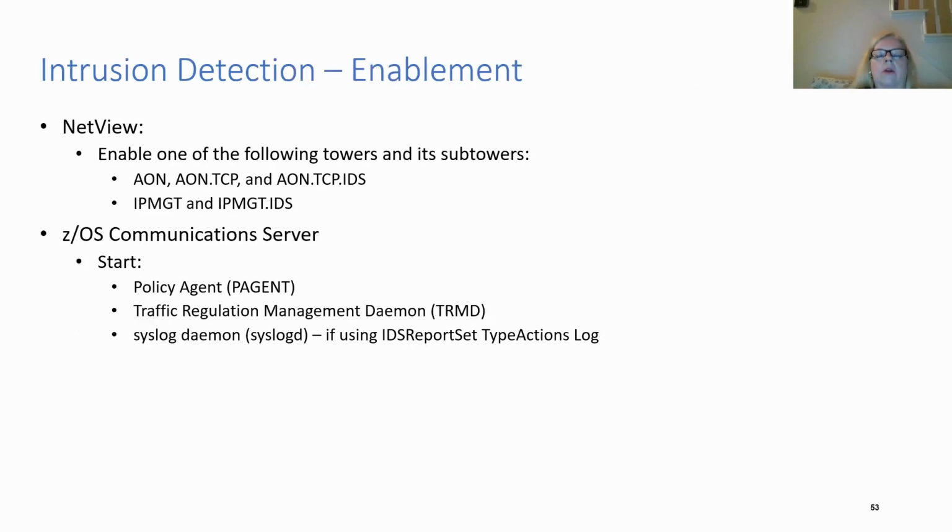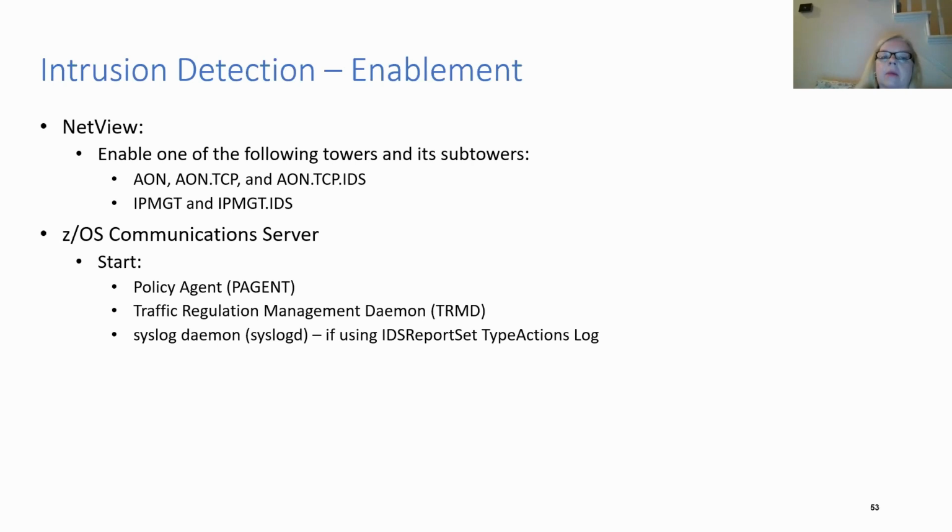Now, I wanted to talk a little bit here about enablement of intrusion detection. This is not a new function in NetView, but you do have to match up some settings between Communications Server and NetView for this. So you're going to enable one of the following towers and its subtowers: the AON and the AON.TCP and AON.TCP.IDS subtowers, or the IPMGT and IPMGT.IDS.